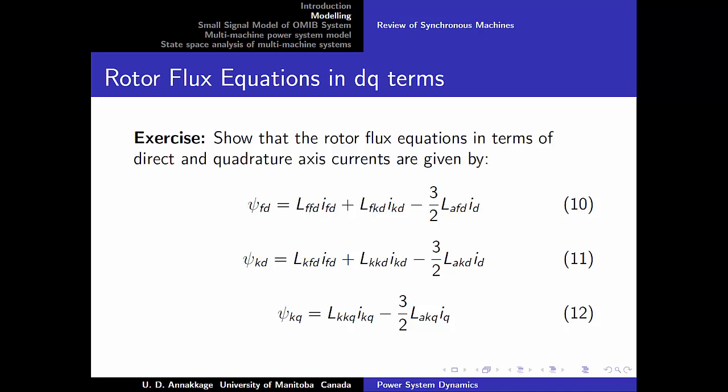Psi FD depends on the currents in the d-axis coils. Same with psi KD, and psi KQ depends only on the currents in the q-axis coils. These equations suggest that we have two sets of coils, one on the d-axis and the other on the q-axis.